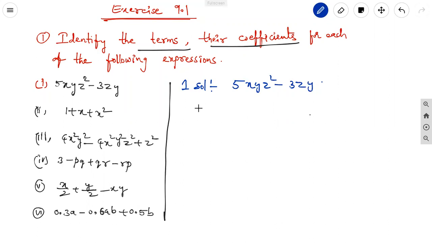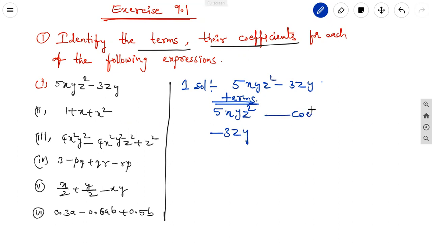Identify the terms. What are the terms? 5xyz square and minus 3zy. First term is 5xyz square. Second term is minus 3zy.